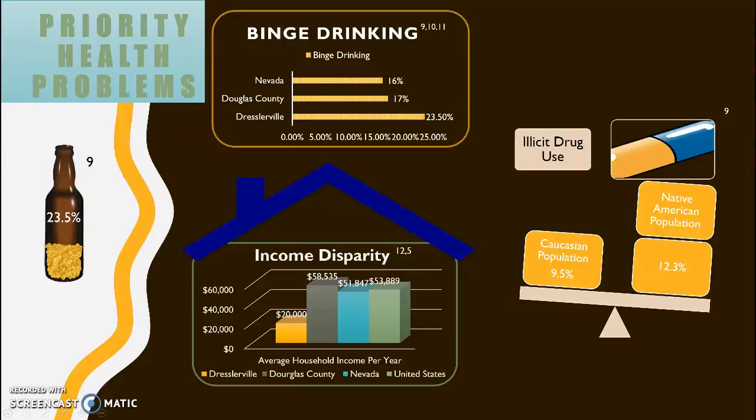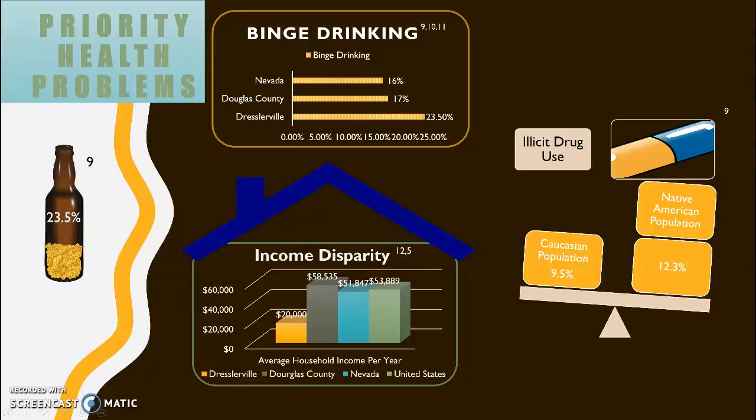And illicit drug use, Native Americans are more likely to use illicit drugs than most other ethnicities or races. Compared to the Caucasian population, about 12.3% of the Native American population uses illicit drugs, whereas for Caucasians, the rate's at about 9.5%.